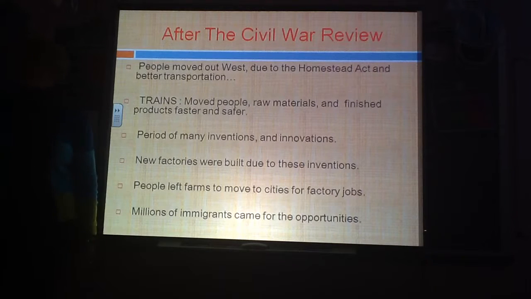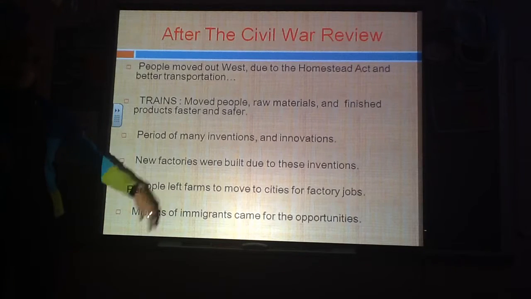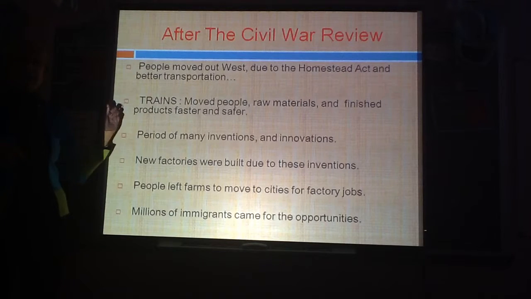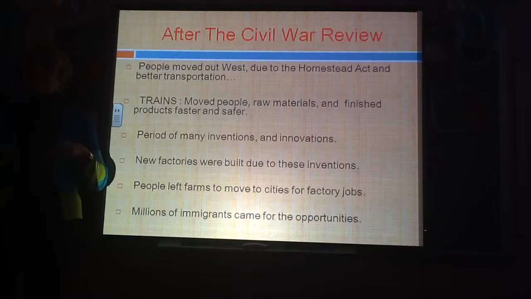They thought it was a more consistent pay, more reliable, more sustainable. You weren't dependent on the weather, you weren't dependent on drought or anything like that. And millions of immigrants came seeking opportunities. So in these few years, there's a lot of change, a lot of flux. And yet this kind of leads us into the 20th century and the century of conflict.